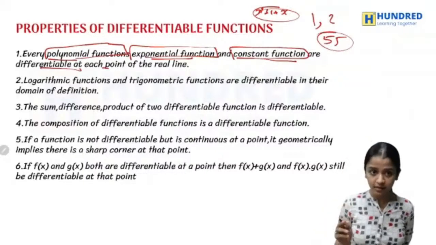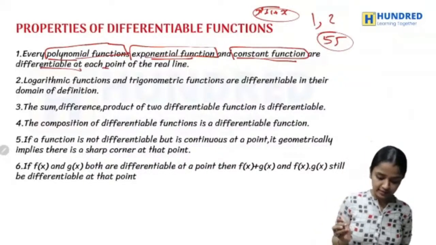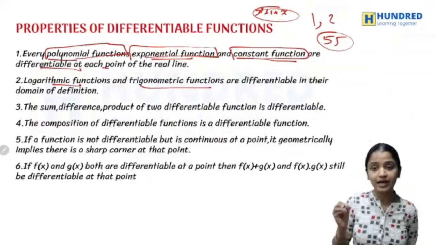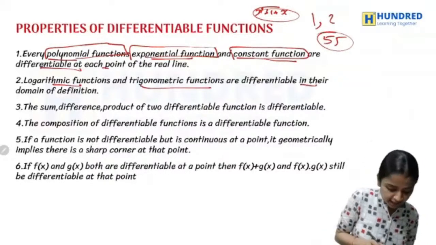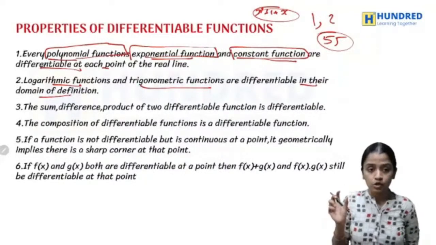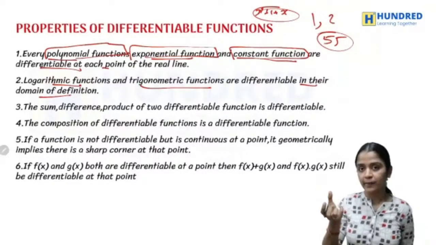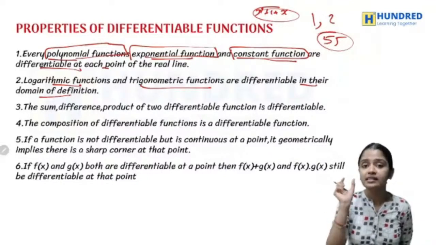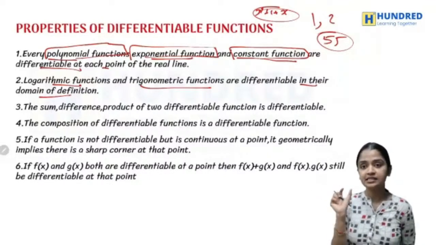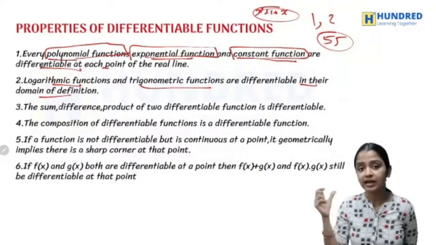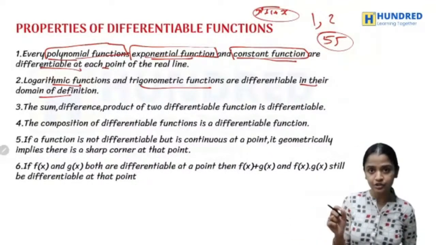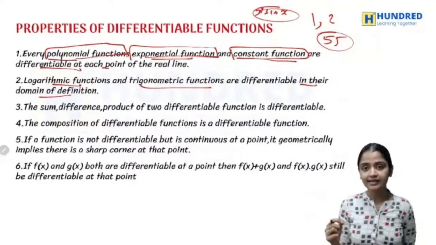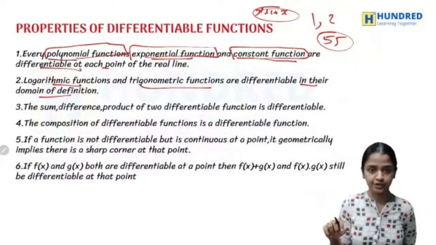Now, let's talk about the next one. Logarithmic and trigonometric functions are differentiable in their particular domain only. You have particular domains for sine, cos, tan, right? Only in that interval it is differentiable. If they give you some other interval and ask whether sine or cos is differentiable, you can directly say that it is not differentiable.